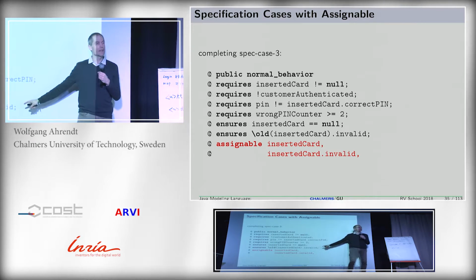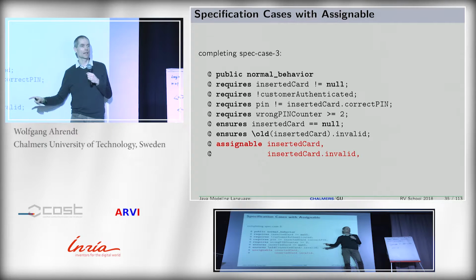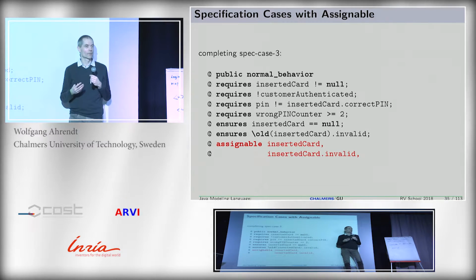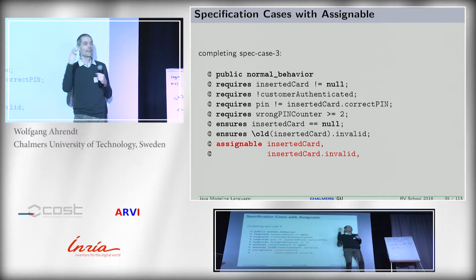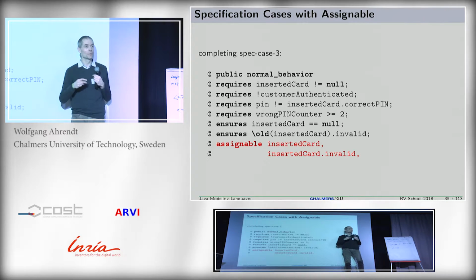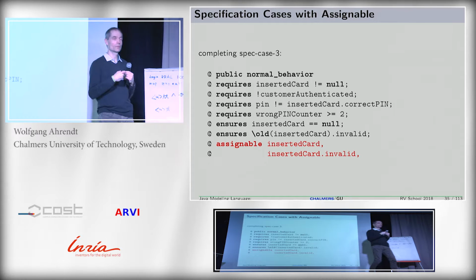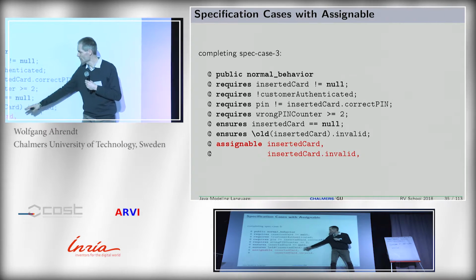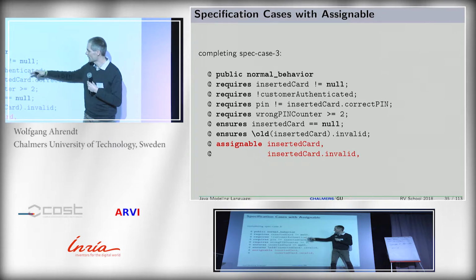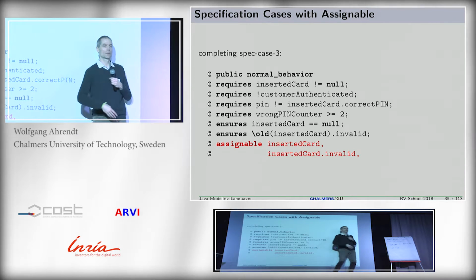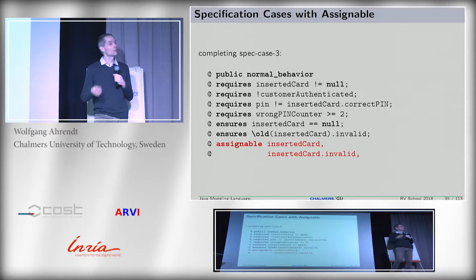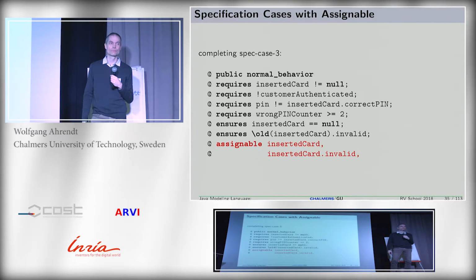So you're not actually saying you don't write anything. You're saying, can it be different in the end? So what you could do is that you first write something to, let's say, custom authenticated. You switch it to true and back to false, and this would be fulfilled by most approaches, I think.